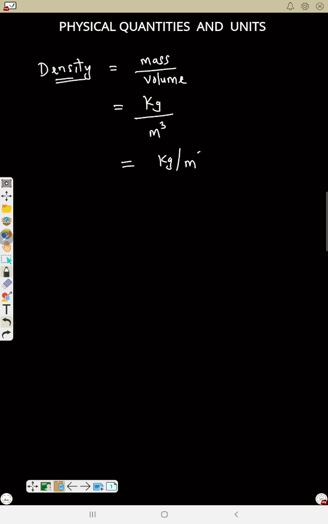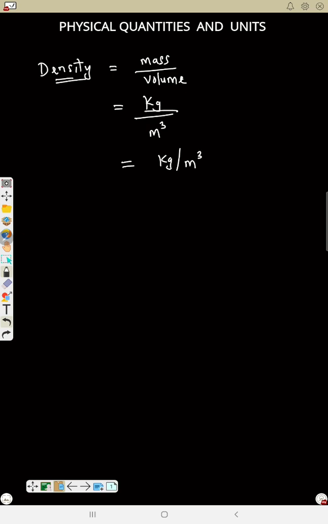Now let's take the physical quantity density. Let's derive the unit for density. What is the formula for density? Density is mass over volume. And what is the unit of mass? Mass is in kilogram. What's the unit of volume? Volume is meter cube. That means the unit of density is kilogram per meter cube.